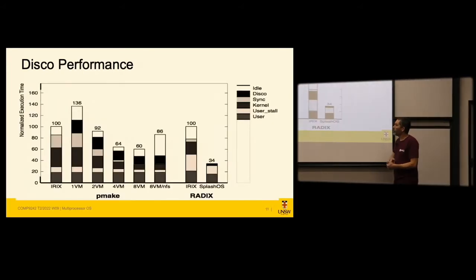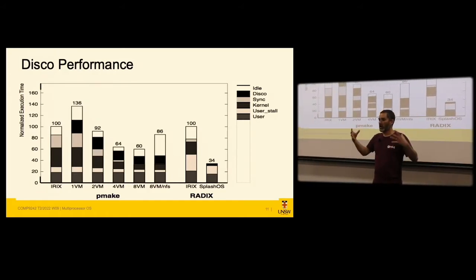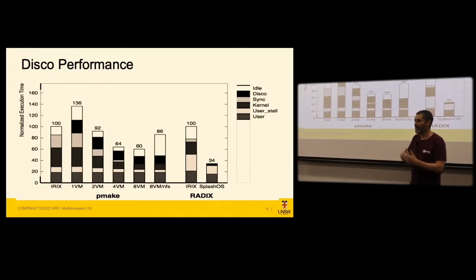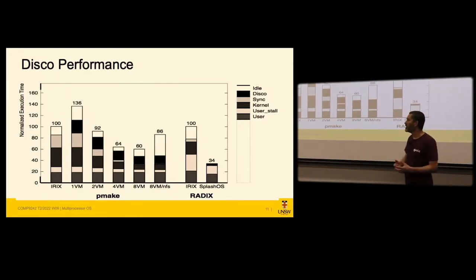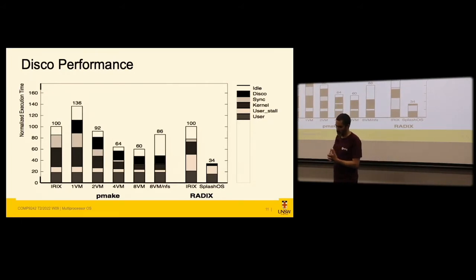So performance-wise, the whole point of this is to take advantage of the multiprocessor OS and get some scalability, get things to run better for free, right? Or cheaper, at least, than having to rewrite a multiprocessor OS. So they did some benchmarks, some experiments.